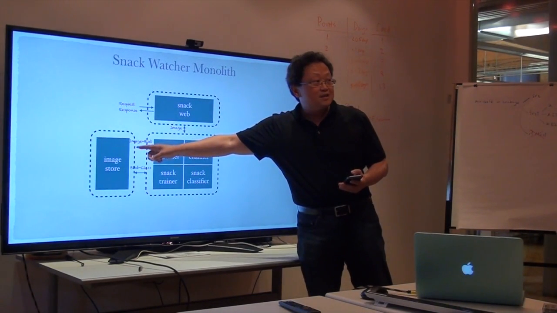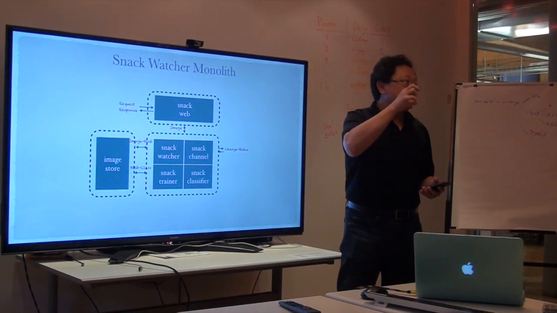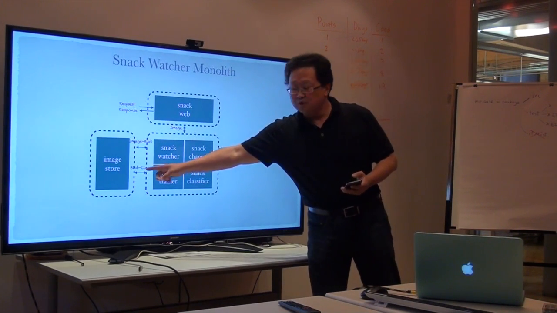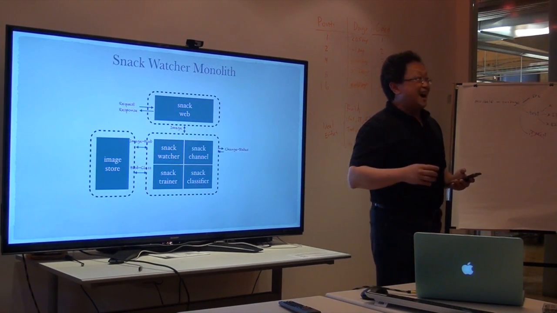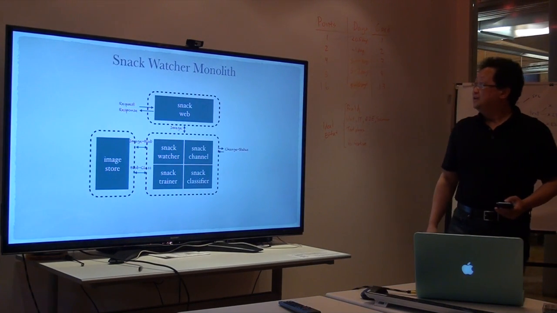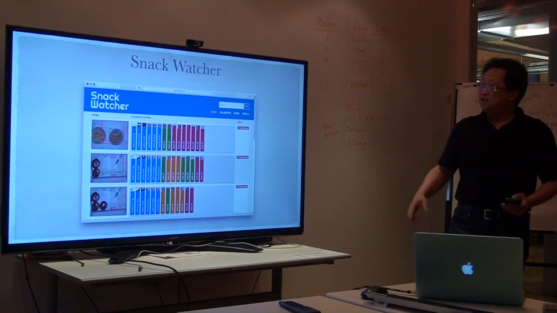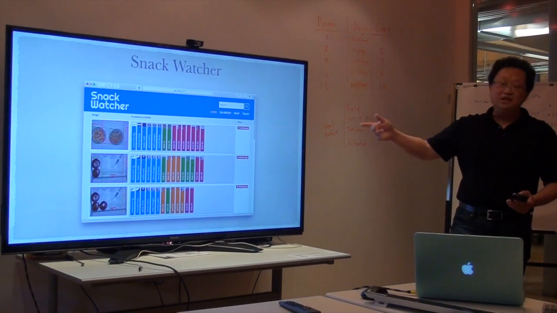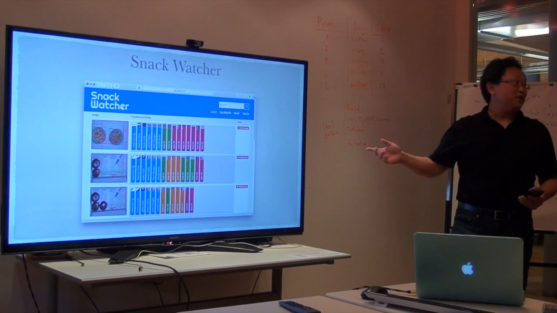We need to recognize blobs from the image, meaning a segmented image. And for each blob, we need to give it a class, so it's a blob class. And the snack watcher function, we're actually pretty serious about the front end.